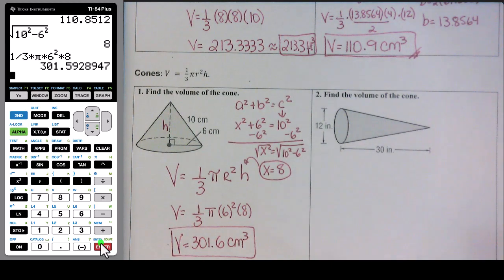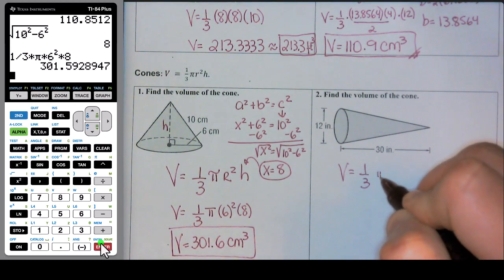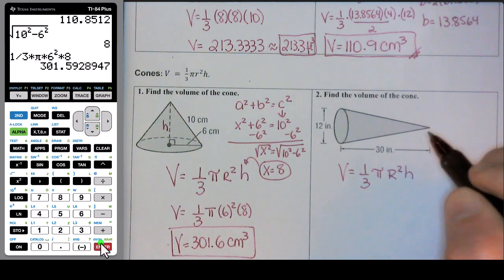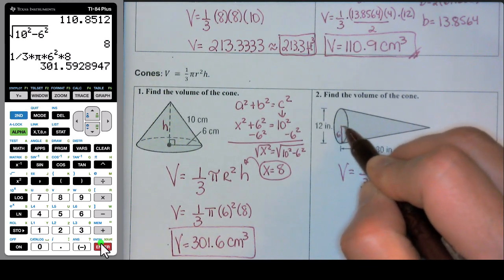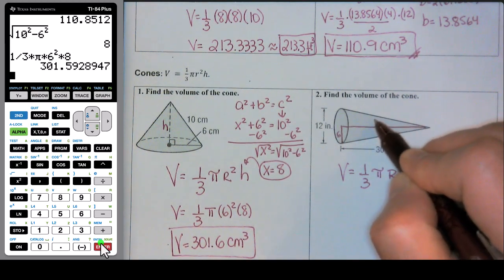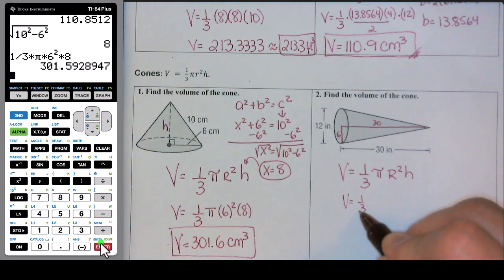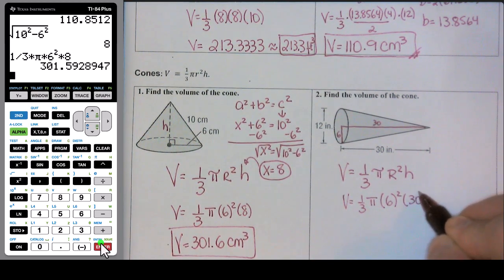All right, let's go to our final example. Again, the formula is 1/3 pi r squared times h. We know that the radius here will be 6 and the height would be 30. So let's plug that in. So it'll be 1/3 pi. The radius is 6 squared times the height, which is 30.